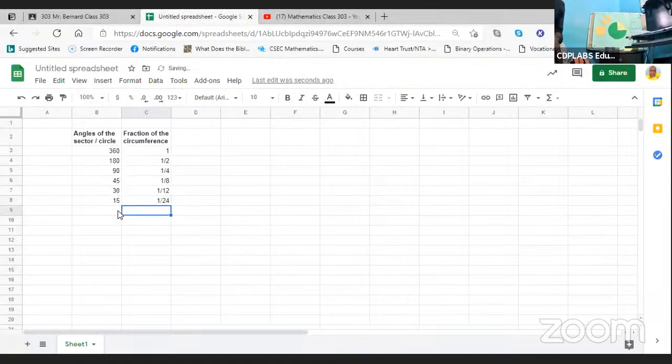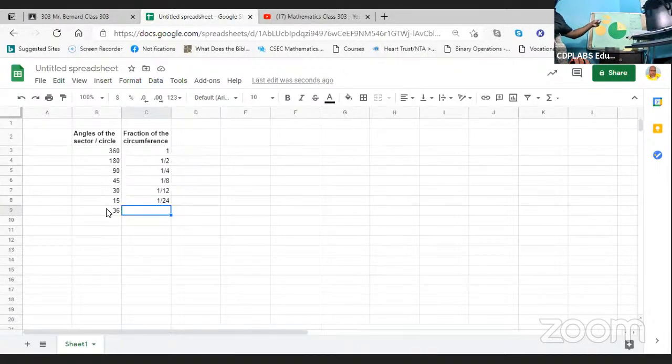So next question now. What if the angle was, let's say, 36 degrees? What fraction of the circumference would it be? If the angle of the sector was 36 degrees, right here.